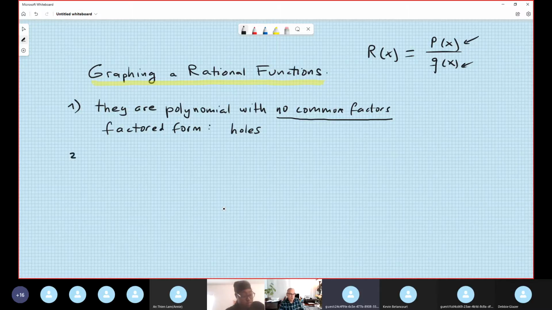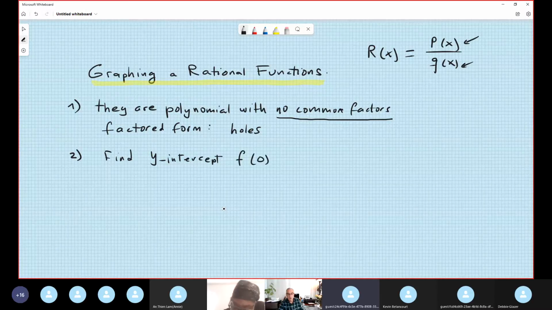Anyone follow me? I bring a lot of examples to illustrate this idea, step by step. Actually it's 7 steps. Number 2 is to find a super important point, the y-intercept. What is the formula for finding the y-intercept? Evaluate the function.